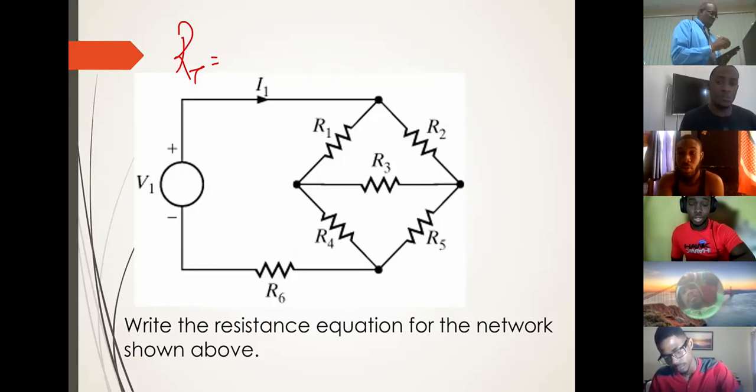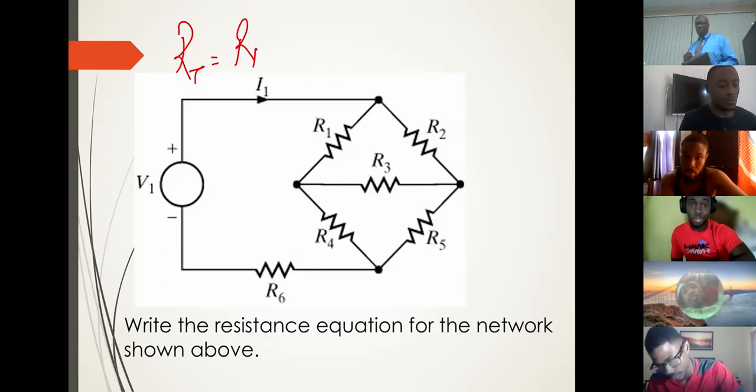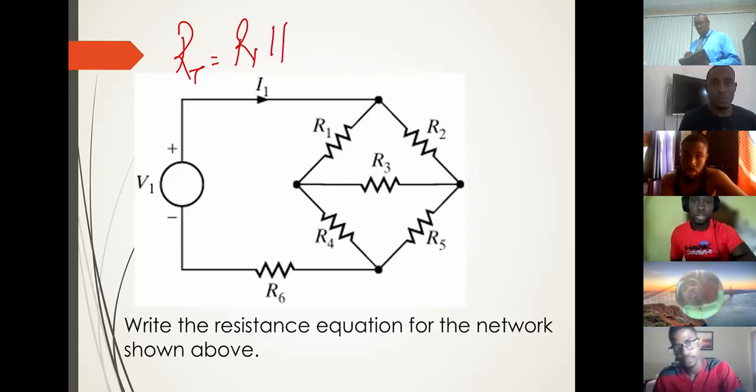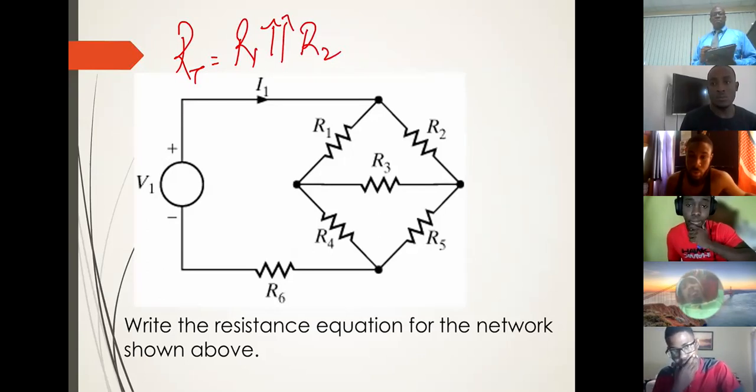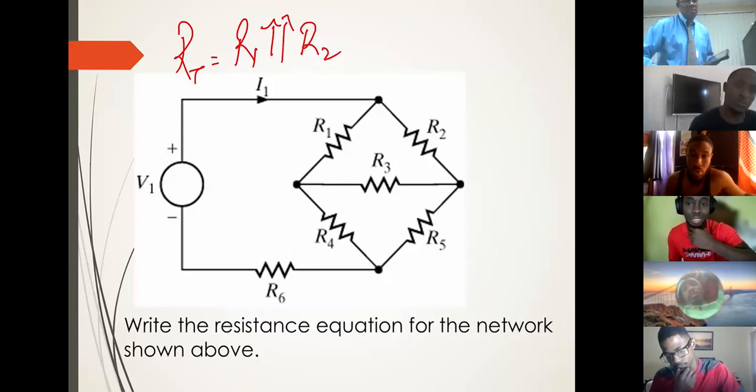So RT is equal to, you're starting with R1 parallel to R2. Which is, they're all basically parallel. So would you put a bracket between R1 and R2? You're asking me? Well, yes, sir. In a sense.